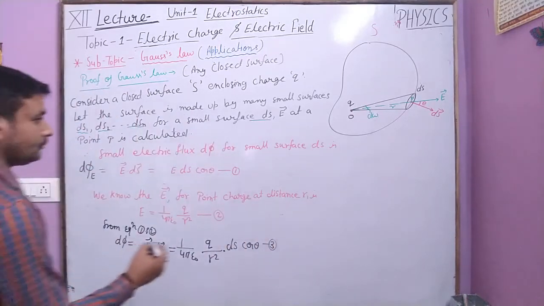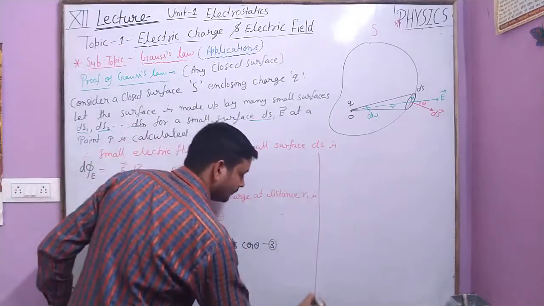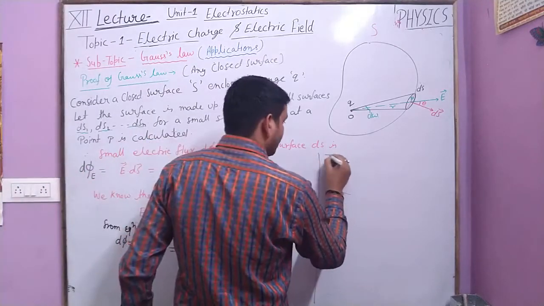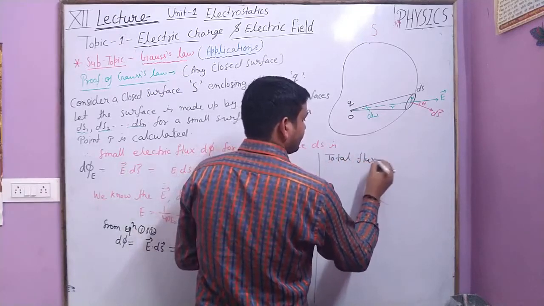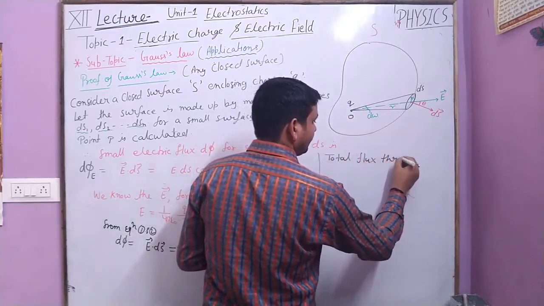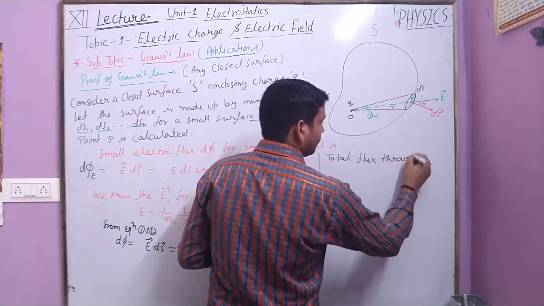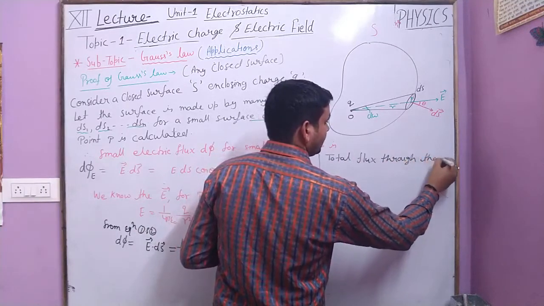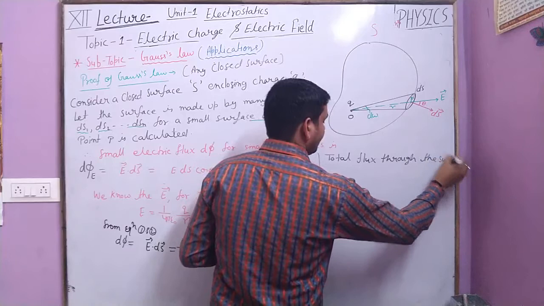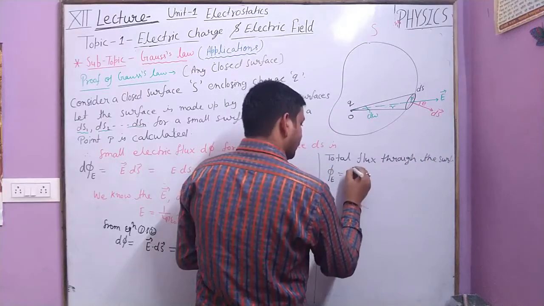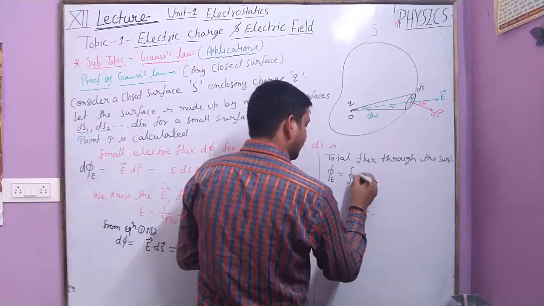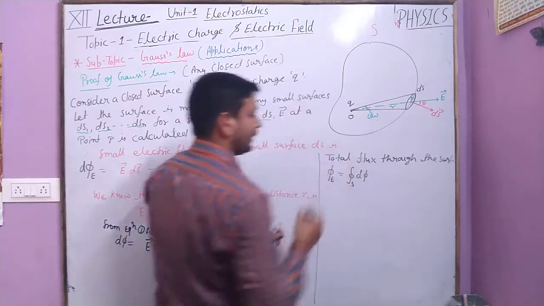Now total flux through the surface is equal to phi e, which is closed integral of surface d phi.